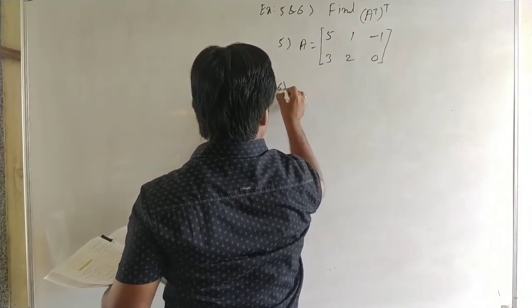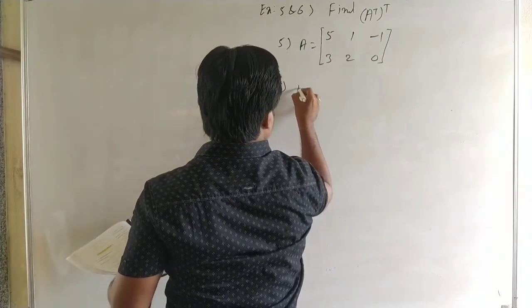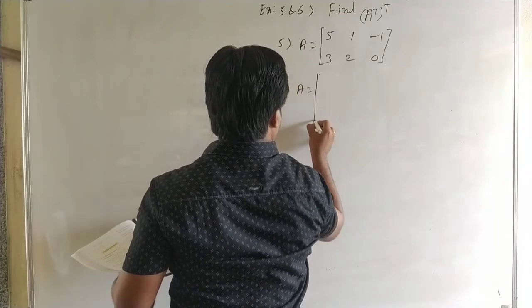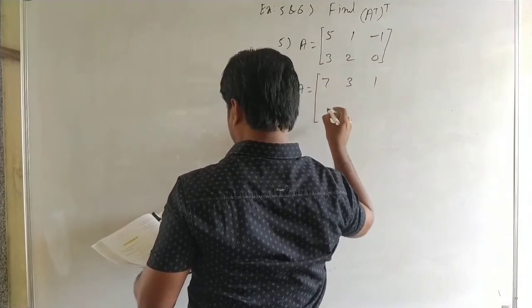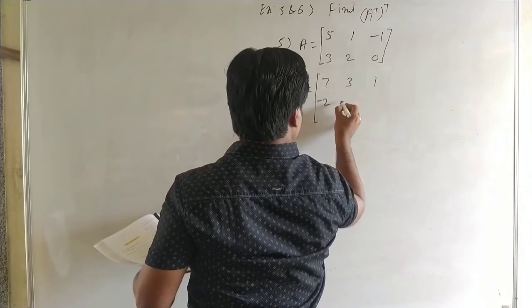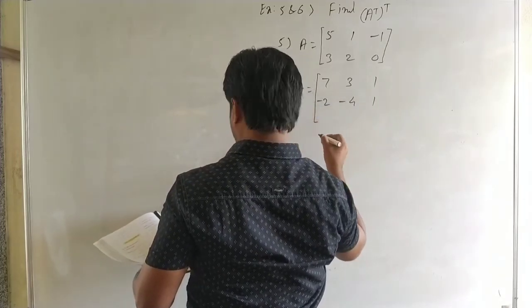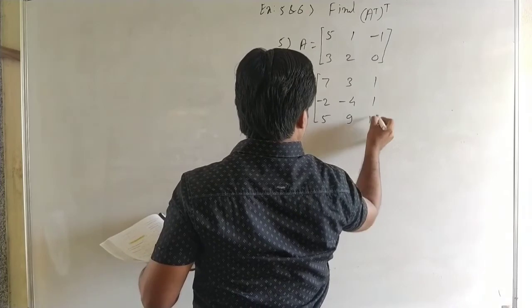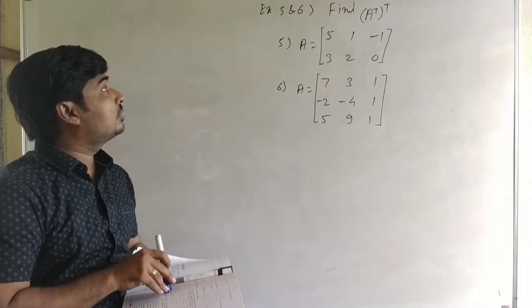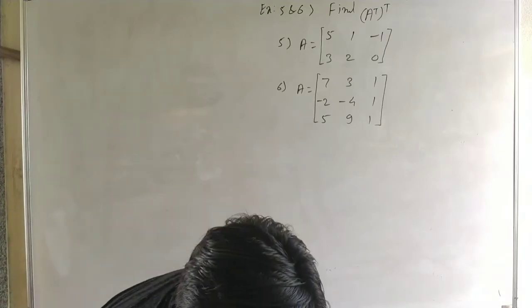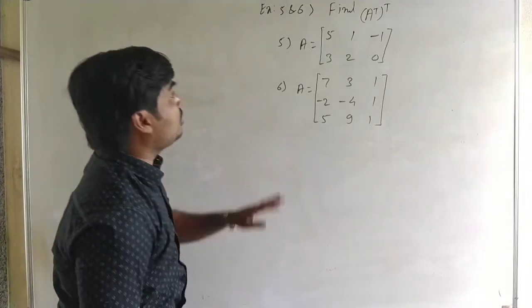And the sixth example is 7, 3, 1, minus 2, minus 4, 1, 5, 9, 1. Here we want to find the transpose of the matrix, and then we find the transpose of transpose.